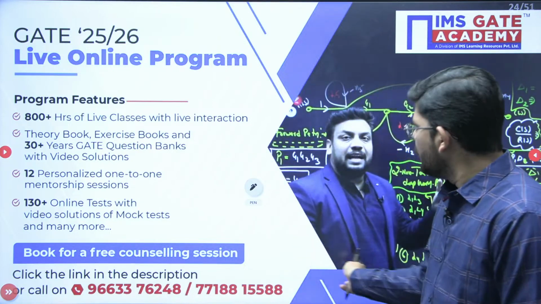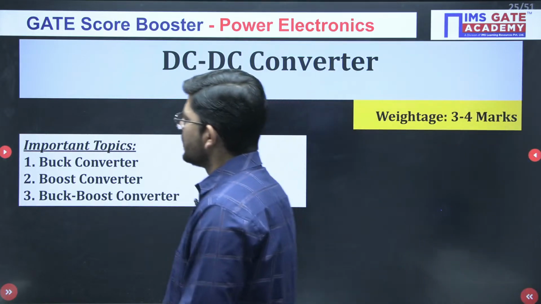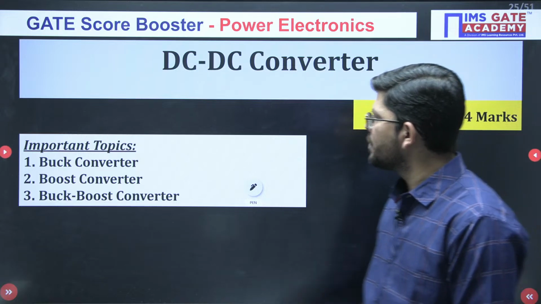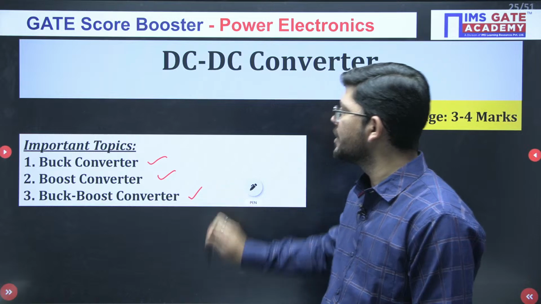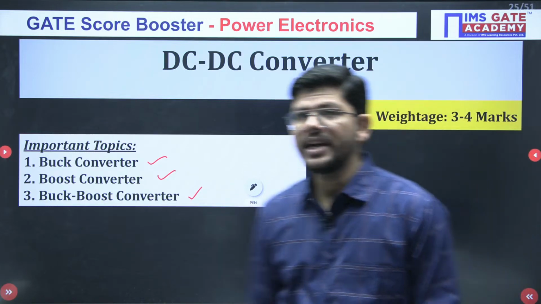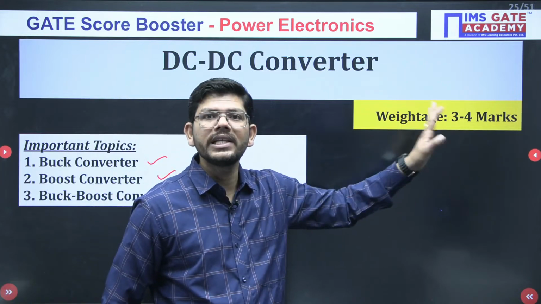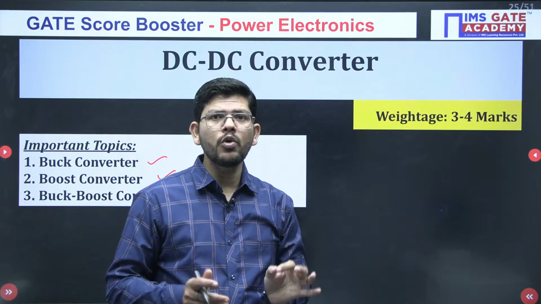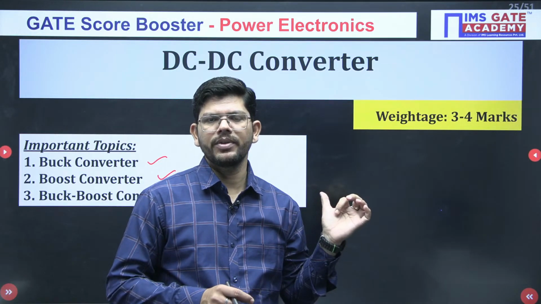Okay. Now moving towards the next chapter, which is DC to DC converter. What are the important topics in DC to DC converter? The important topics are buck converter, boost converter, and buck-boost converter. What is the weightage? The expected weightage is 3 to 4 marks, and this year you are definitely going to get 2 questions consisting of 3 to 4 marks from this chapter.